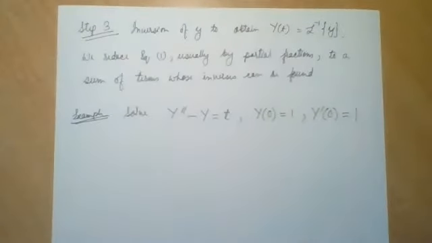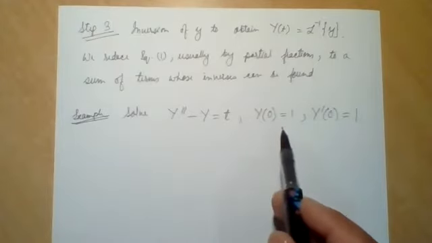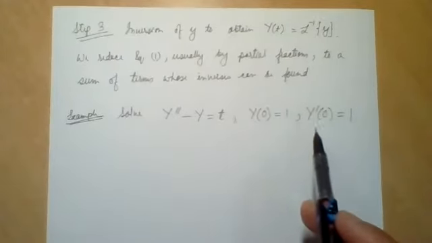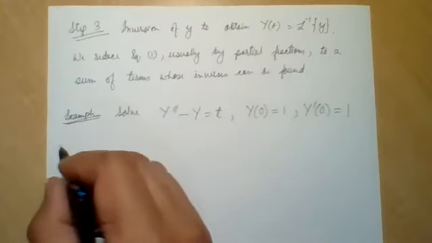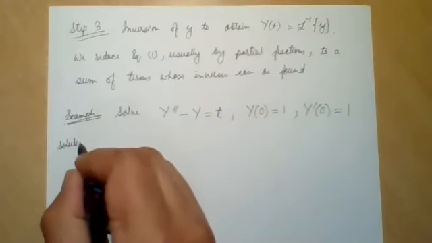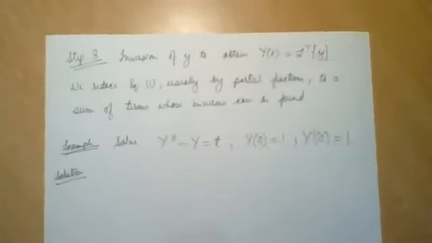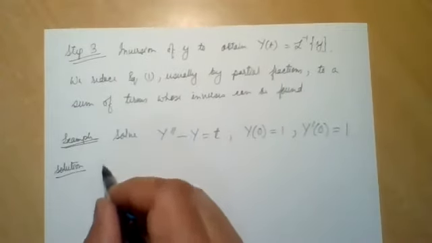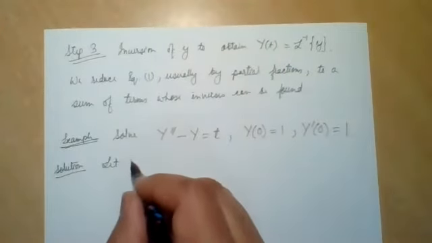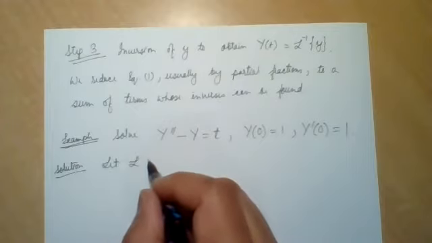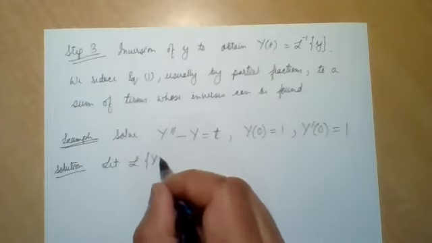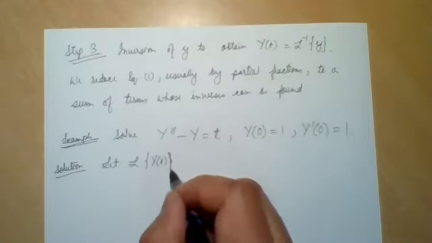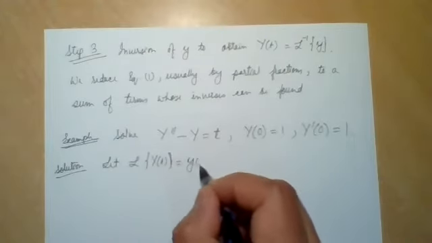So as an example, let us consider this initial value problem. Okay, solution. Let the Laplace transform of capital Y of t be equal to small y of s.